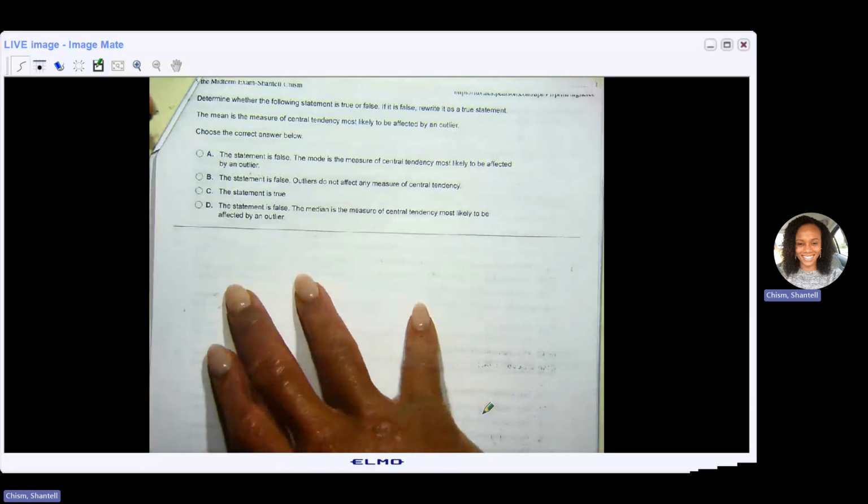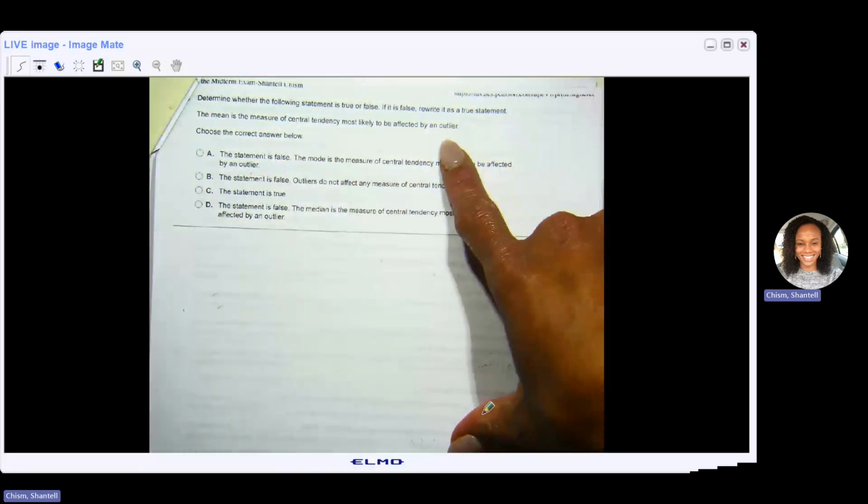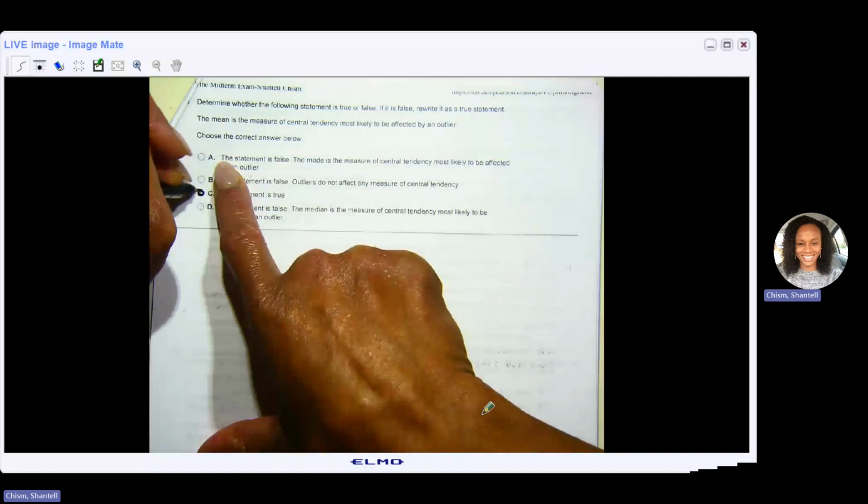So let's say you had pretty much all your data ranging from 1 to 20, and then you had a data entry of 76. That 76 is going to skew the mean, because remember, the mean is where you add up all the values and divide by the number of data entries you have. That 76 is going to make the mean appear higher than it actually is. So the mean is the one most likely affected by the outlier. That statement is true. Okay.